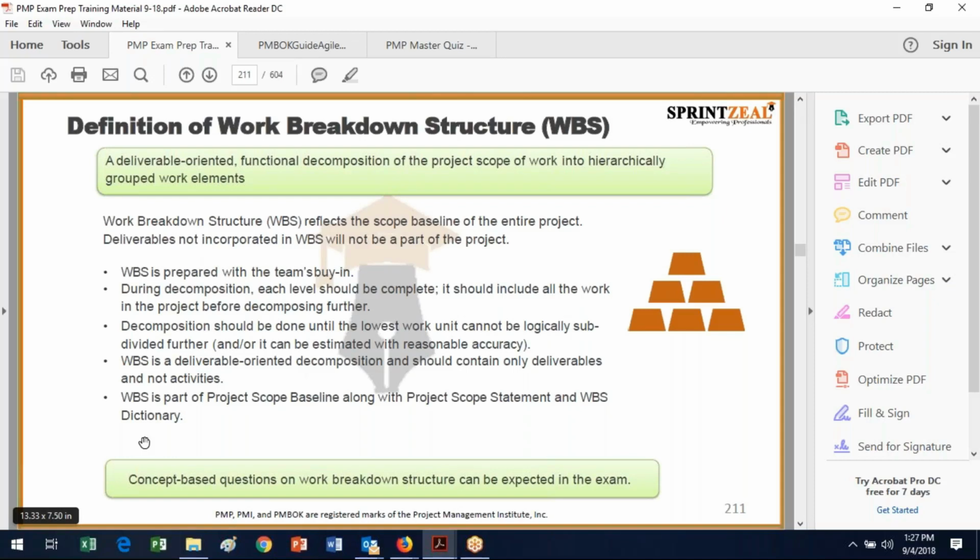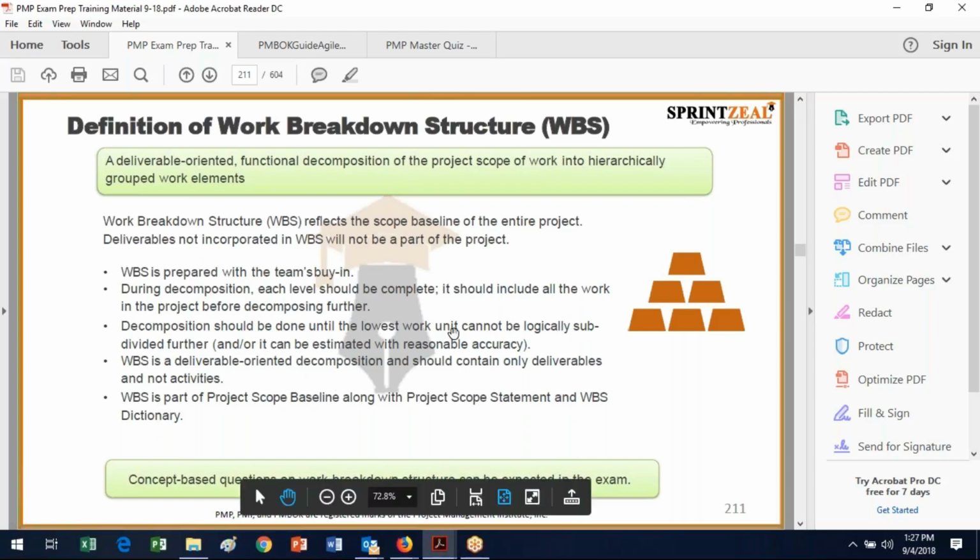Okay, now we're going to talk a little bit about the work breakdown structure. And this is a deliverable-oriented functional decomposition of the project scope of work into hierarchically grouped work elements. So anything that's not in the work breakdown structure, in other words, at this bottom row of the breakdown, is not something that should be done.